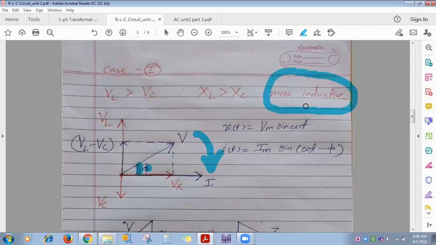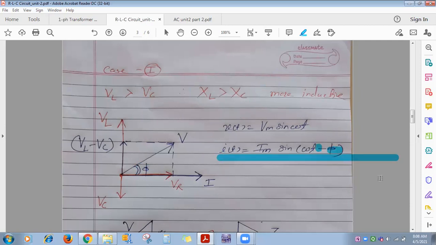Although it is a series RLC and the capacitor effect will be there, the inductor effect is more compared to the capacitor, more inductive. That's why the current will lag voltage by an angle phi, which is between 0 and 90 degree.